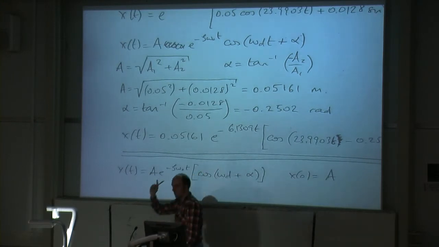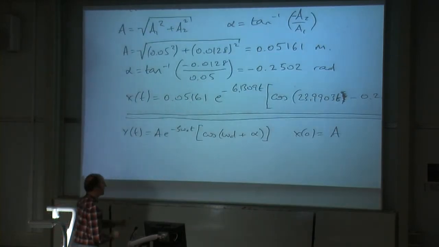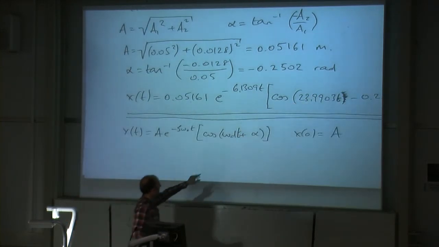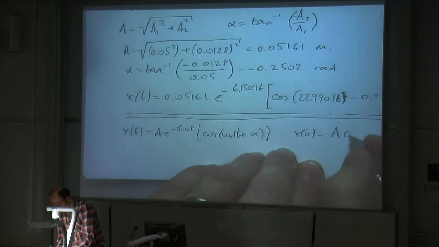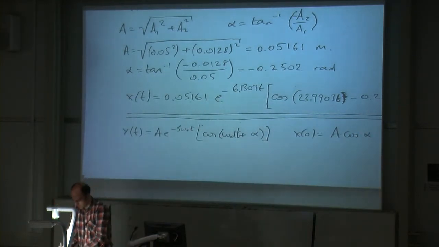E to the power of 0 is 1, so that disappears. And then obviously cosine, this is omega d times t. Well, that term is therefore 0, so it's simply A cosine alpha. Okay, so there's one equation, two unknowns.